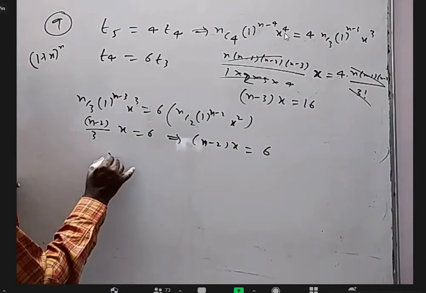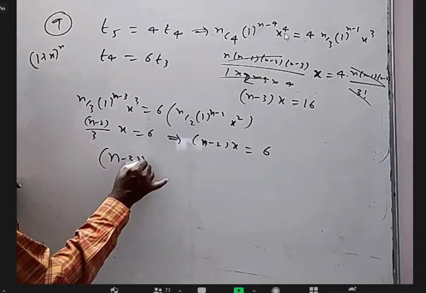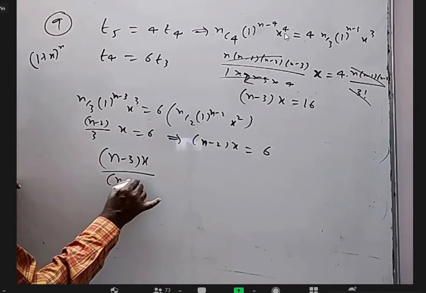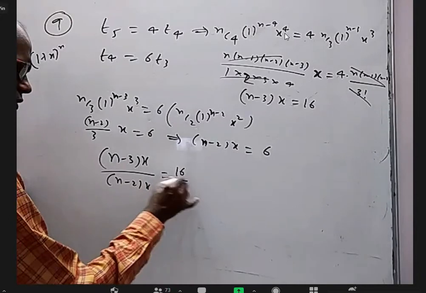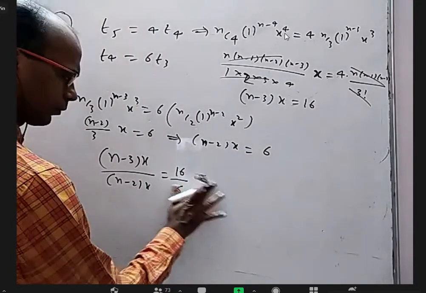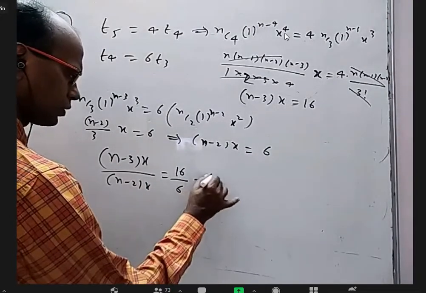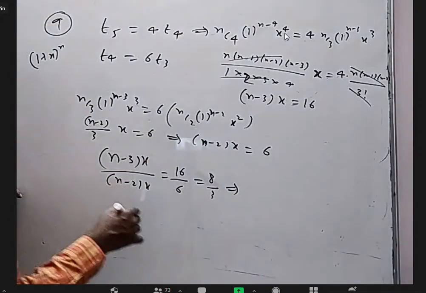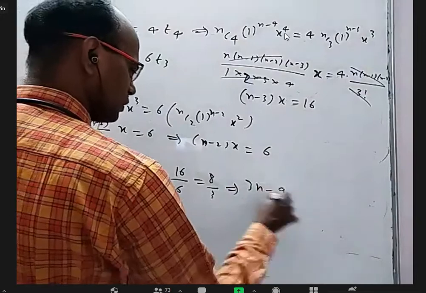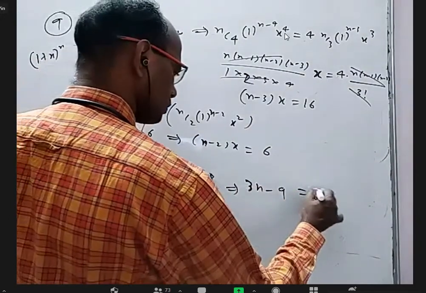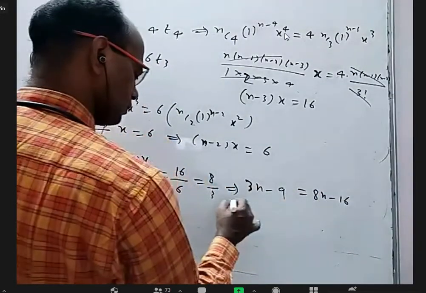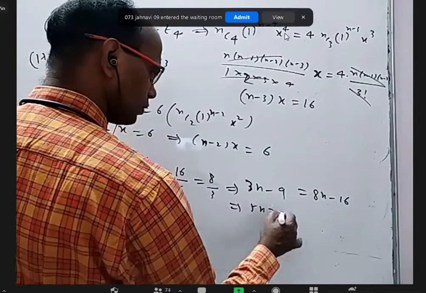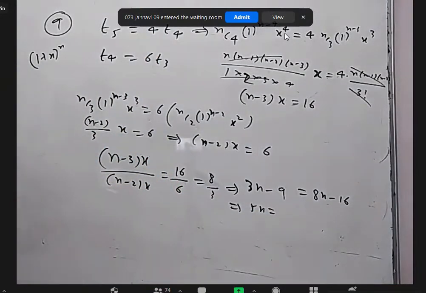When we divide, you will get (n-3) into x, (n-2) into x is 16 by 6, which is 8 by 3. X will cancel. 3n minus 9 is equal to 8n minus 16.